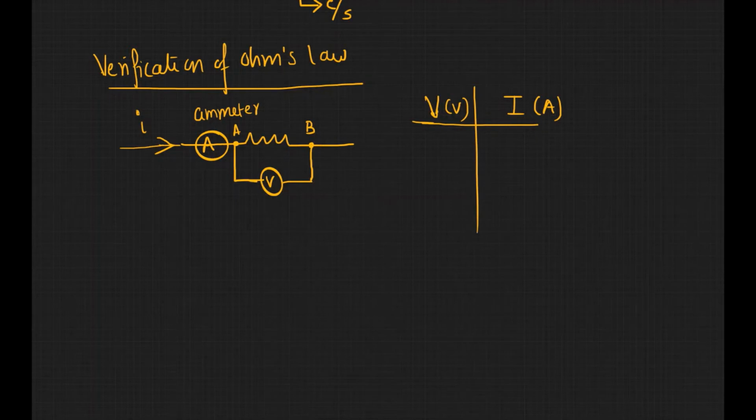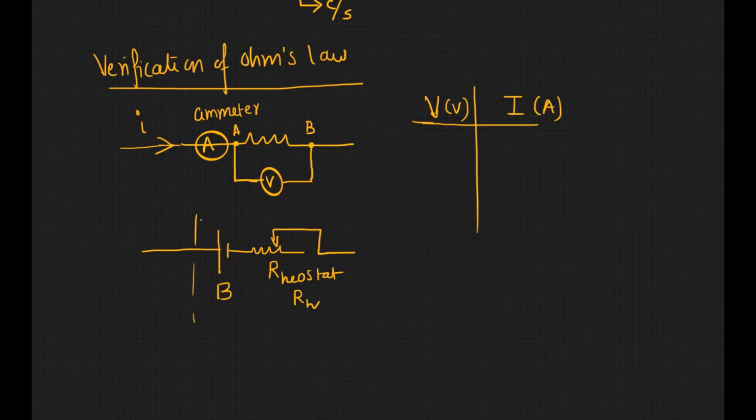Now how do you pass varying current? To pass a varying current, you connect a battery and something called a rheostat. This is called a rheostat, denoted by RH, and this is your battery, denoted by B. This unit is more like your current regulator.